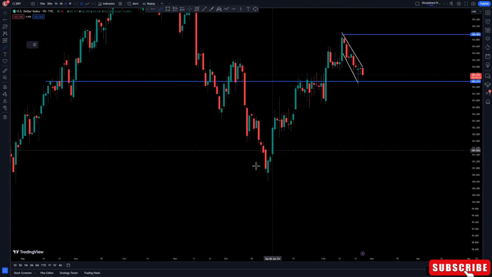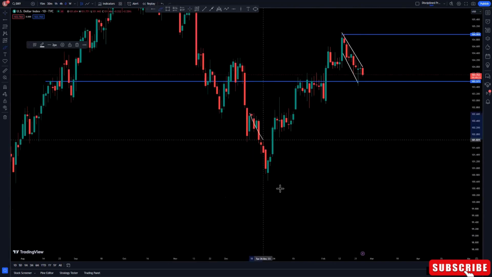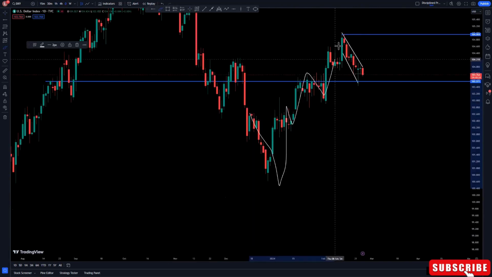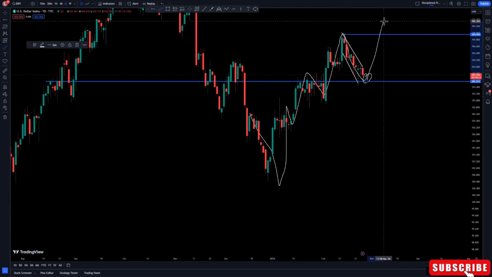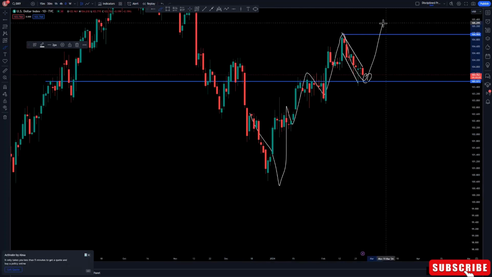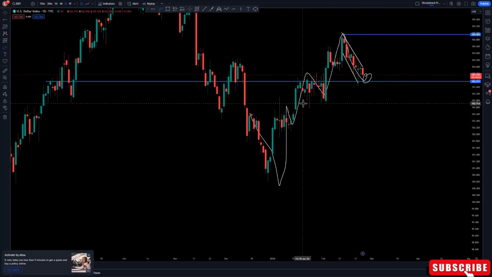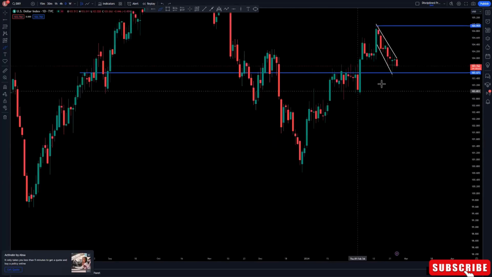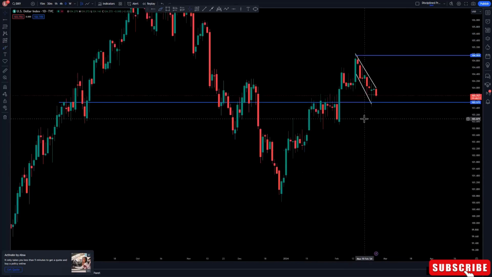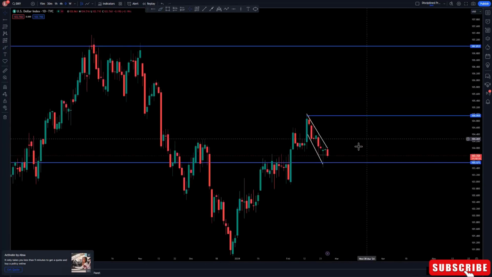If you look at it, this is what's been happening: high, low, high, low, high, low, high, low. So if this is a support level or an area where we're going to get a low, that will give us another high. Then I'll be looking at the probability of getting that new low over here that will warrant the move to the upside. So that is why I have that level over there.